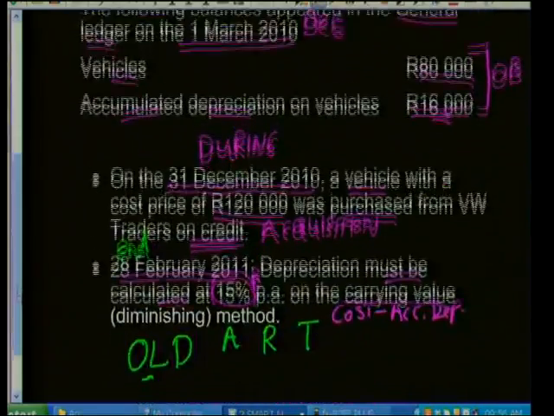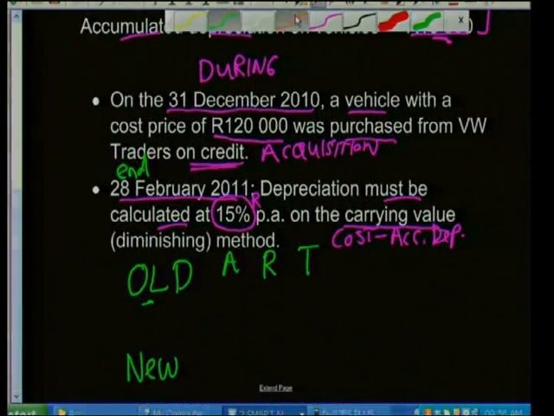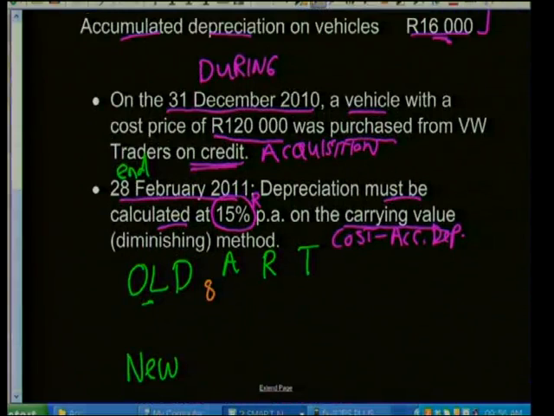So on the old vehicle, we've got the cost price, which is an amount of 80,000. But because the depreciation method is the carrying value method, I cannot only use cost. So I need cost minus accumulated depreciation. So the 80,000 minus 16,000.